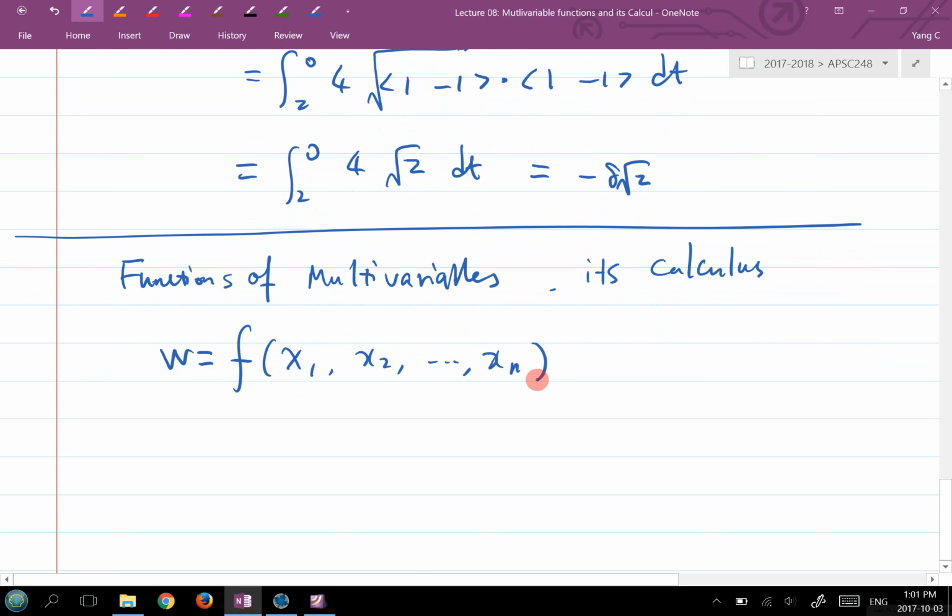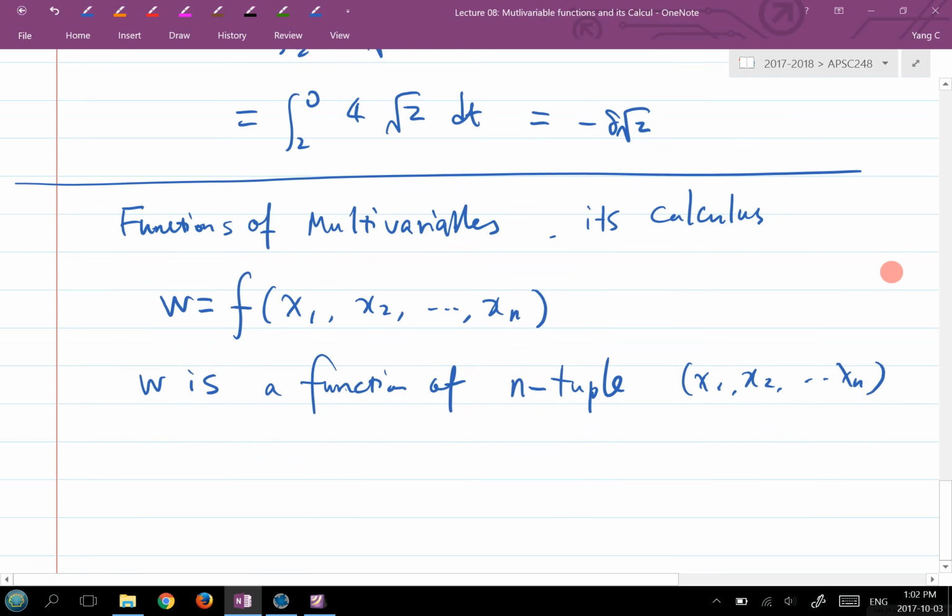So W is a function of a so-called n-tuple, x1, x2, up to xn. So you have n independent variables here, and then it returns one dependent variable w.